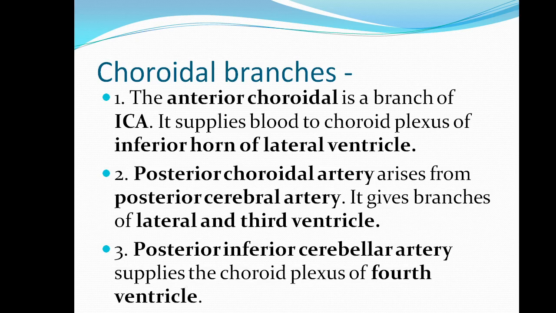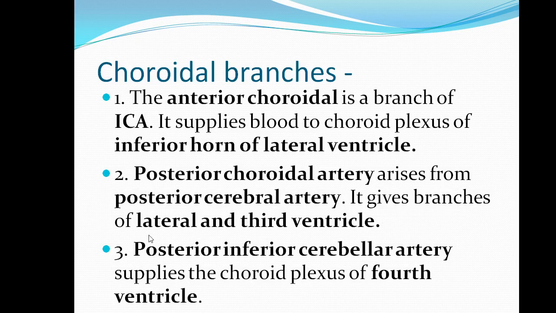Then choroidal branches. There are three choroidal branches: anterior, posterior, and posterior inferior cerebellar artery. The anterior choroidal is a branch of the internal carotid artery. It supplies blood to the choroid plexus of the inferior horn of the lateral ventricle. The posterior choroidal artery arises from the posterior cerebral artery.